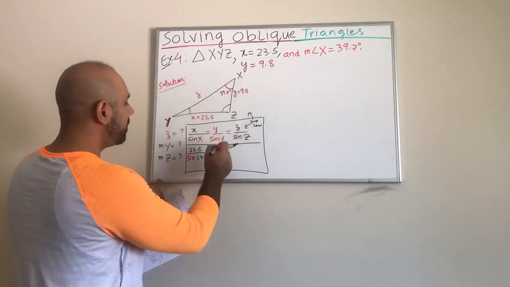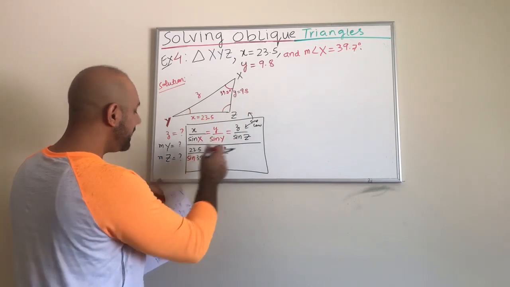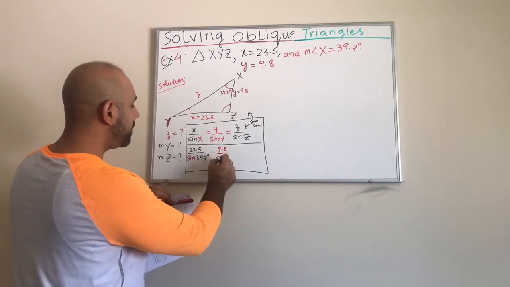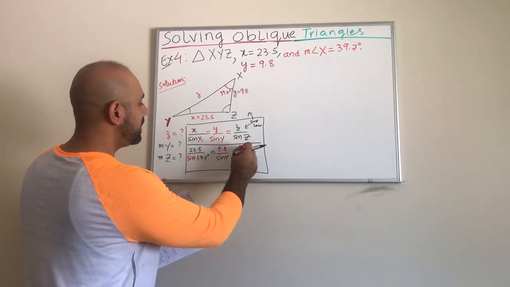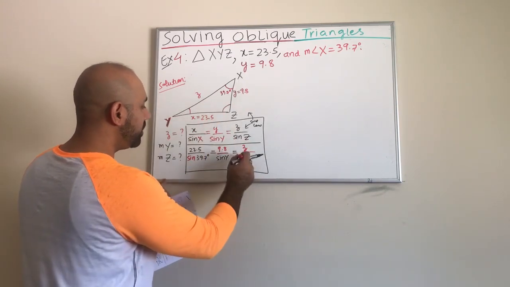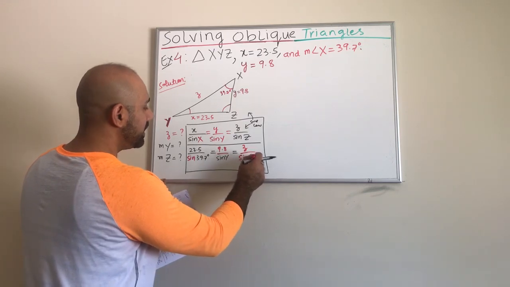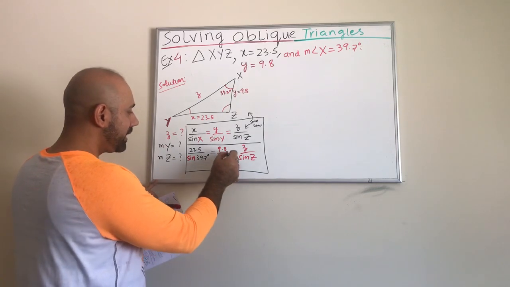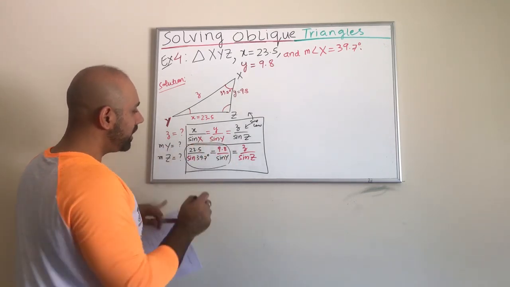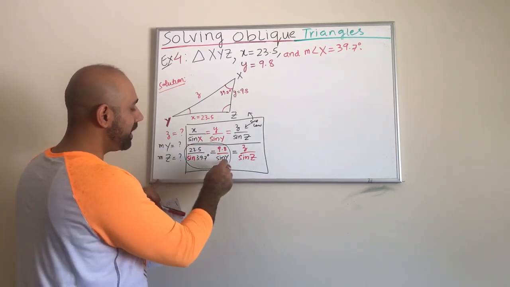We know the length for y, it is 9.8 divided by sine of y. We don't know the measure of angle y, and the third one is just z. We don't know either the length z or the angle Z. So we should first start by writing these two as an equation, and from there we can find the value for y.